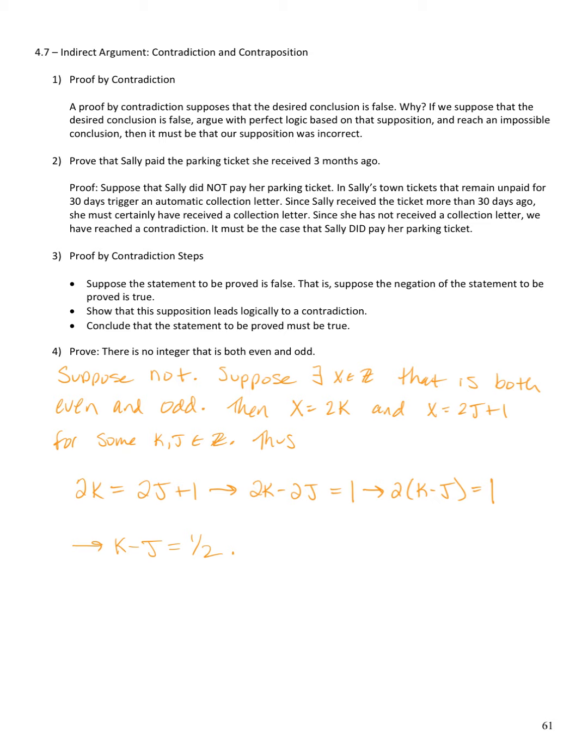The sum, difference, and products of integers is always an integer, and 1/2 is not an integer. So since k minus j is an integer, and 1/2 is not in the integers, it can't be that k minus j equals 1/2. We have a contradiction.